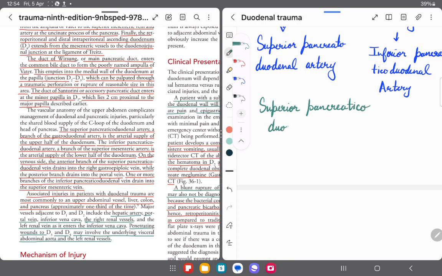It drains into two branches: the anterior branch drains into the right gastroepiploic vein, and the posterior branch drains into the portal vein.